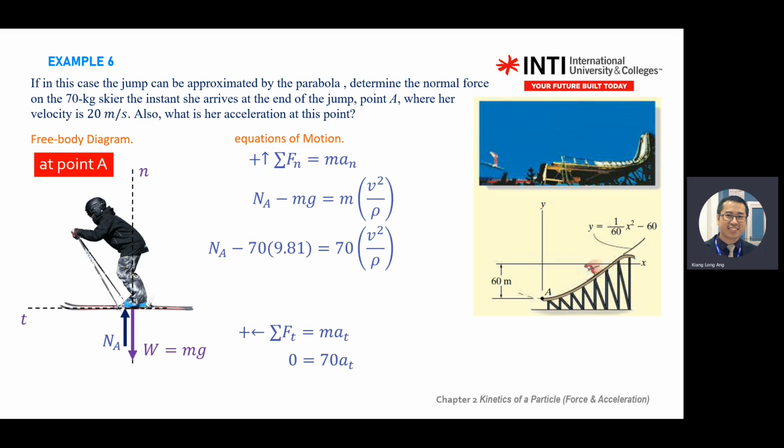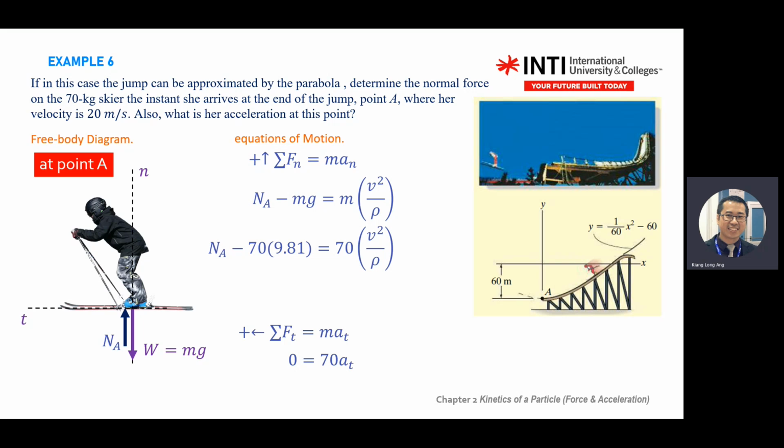Again, F equal to ma, left hand side, you're referring to the free body diagram, right? There's no force in the what direction? There's no force in the t direction, that's why 0.